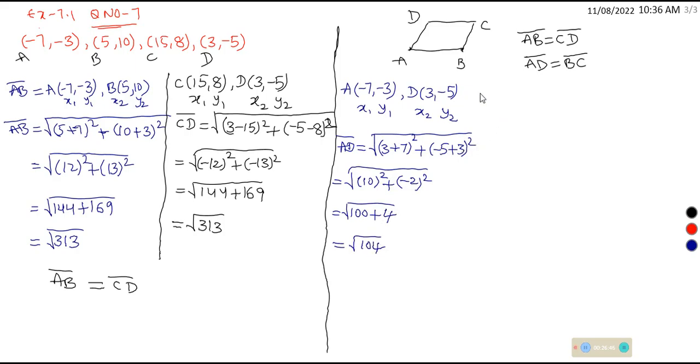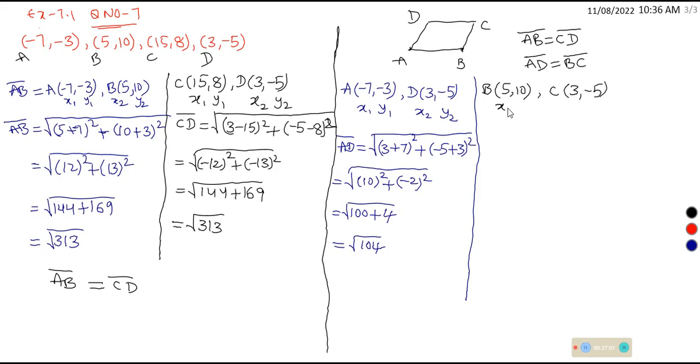Okay, now we will see the next distance. AD we got. Now BC. Now B is (5, 10) and C is (3, -5).